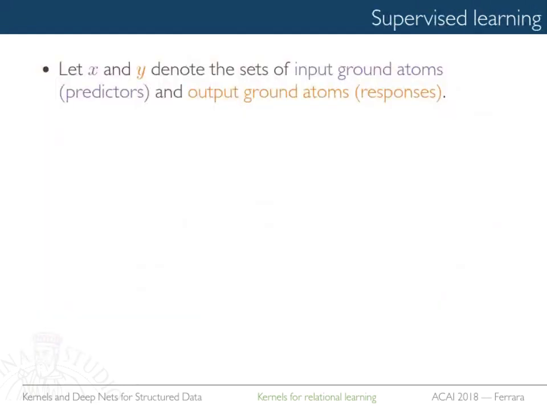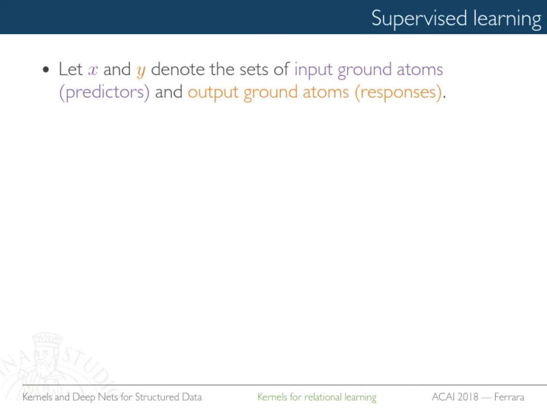So let's say, as a notation now, X and Y are sets of ground atoms in Prolog, where X are given and Y are the ground atoms you want to predict. Okay? You want to make predictions, like advised by.